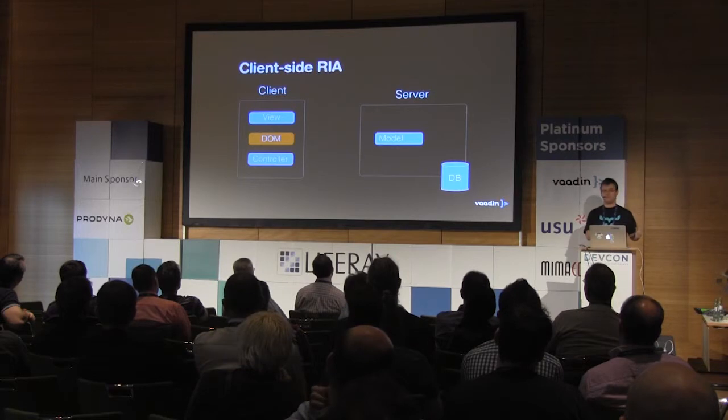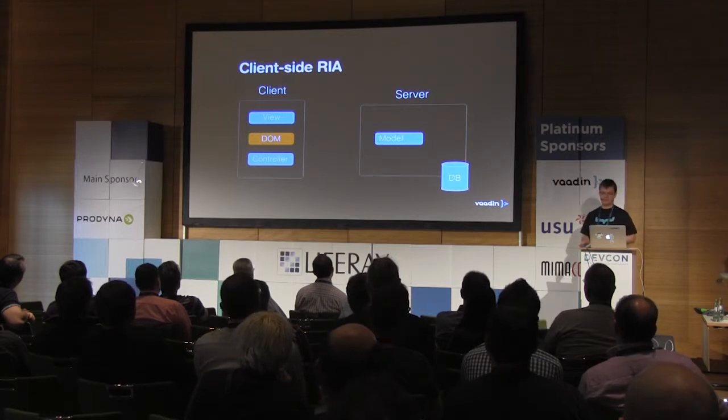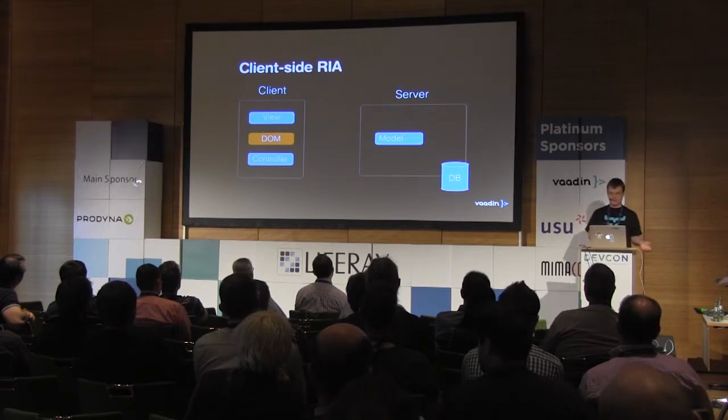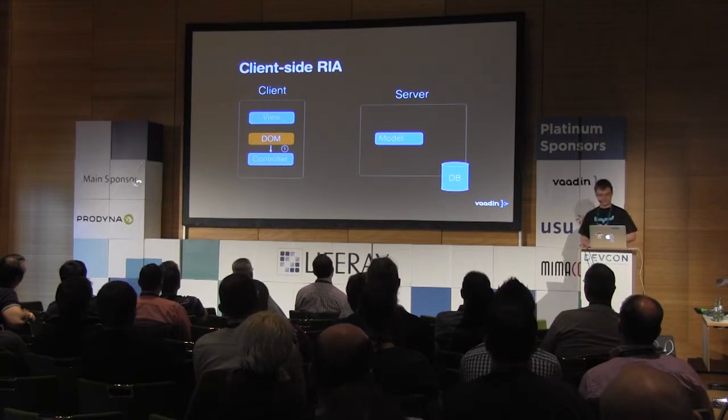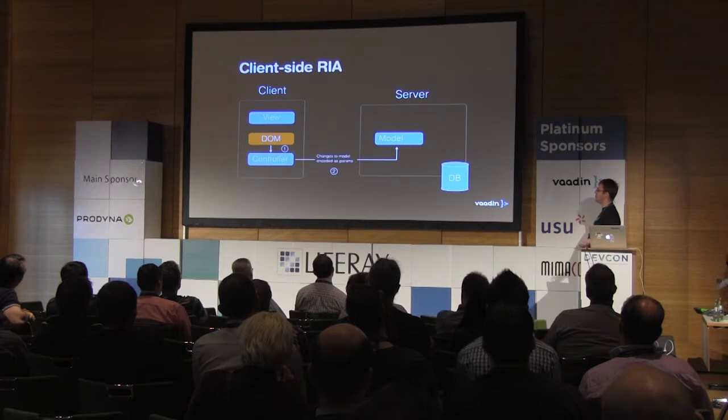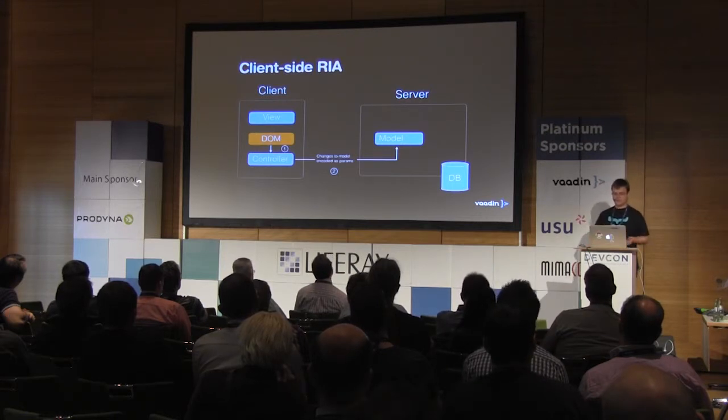We have a separate document object model that is connected to the view, and it is manipulated by the view object on the client side. When the user interacts with the DOM, with the browser, this interaction is taken over by the controller. The controller changes the model, and it sends those changes encoded as parameters to the server side.